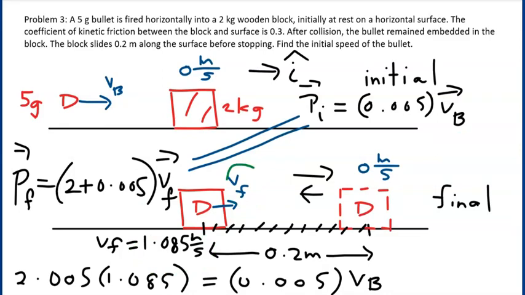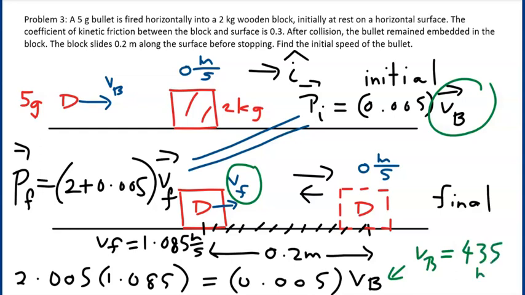Both Vf and Vb are moving to the right, so we have dropped the i hat from the calculation because at this point it does not matter. And we can solve for Vb, and when we solve for Vb, we get 435 meter per second. So that is the initial speed of the bullet, and that solves the problem.